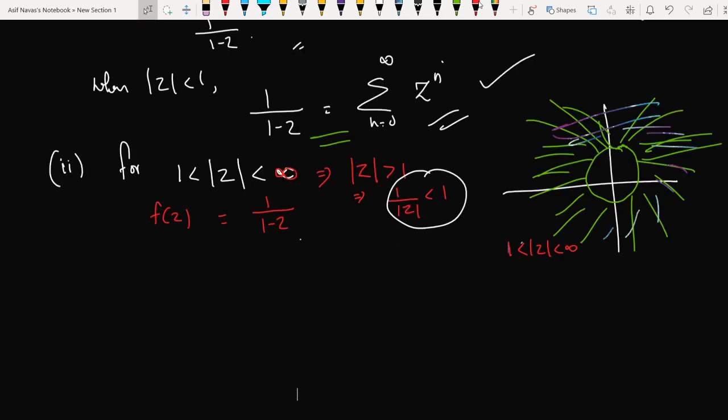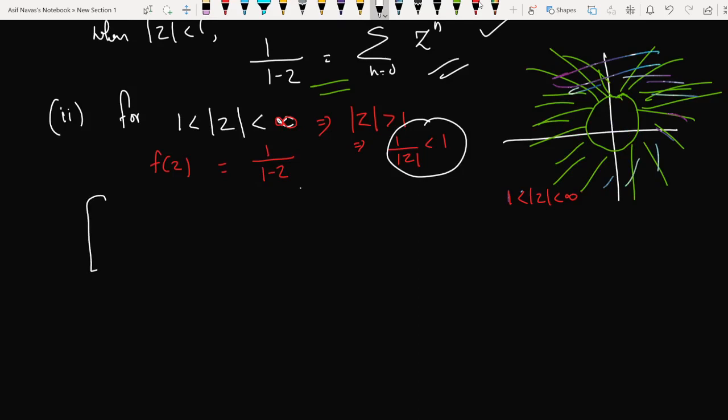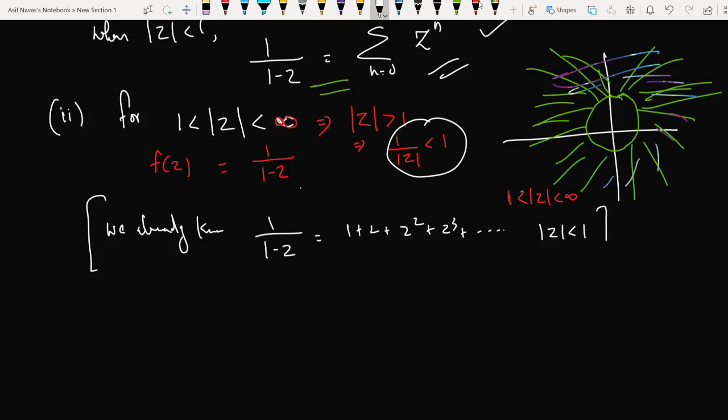Now we will do a trick. We already know the Maclaurin series expansion of 1 by 1 minus z is 1 plus z plus z square plus z cube plus etc. This is valid when mod z less than 1. Now for mod z greater than 1, we have 1 by mod z less than 1, and this never becomes 0 because this is outside mod z equal to 1, right?